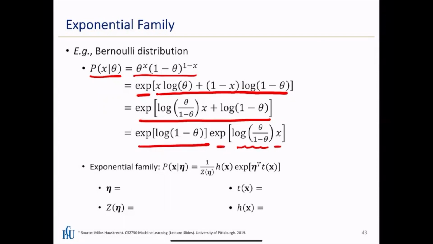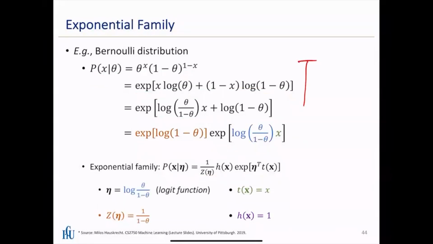Given that, what we want to do is try to match things using the template for the exponential family. Then we can find each of these items, and they have some special meaning. So that's the idea. Let's take a look at the case for Bernoulli distribution. We understood the math work here, so let's try to get the sense of it.